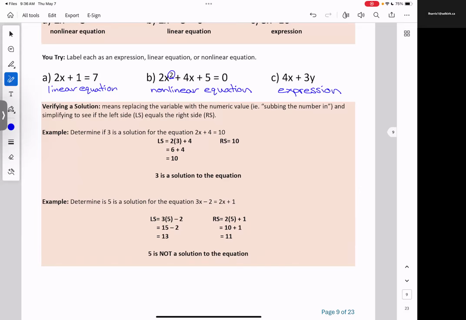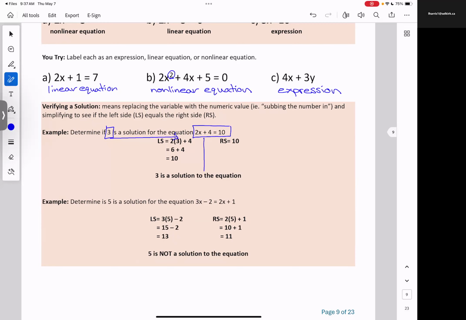In this case, we have this equation here, 2x plus 4 equals 10, and someone has found they think 3 is the solution. So we're going to verify if that's true. To do that, I usually draw a line, and then I set up two sides. We've got our left side of our equation, which was 2x plus 4. We're going to substitute that 3 in for x, and then we can figure out what the left side would equal.